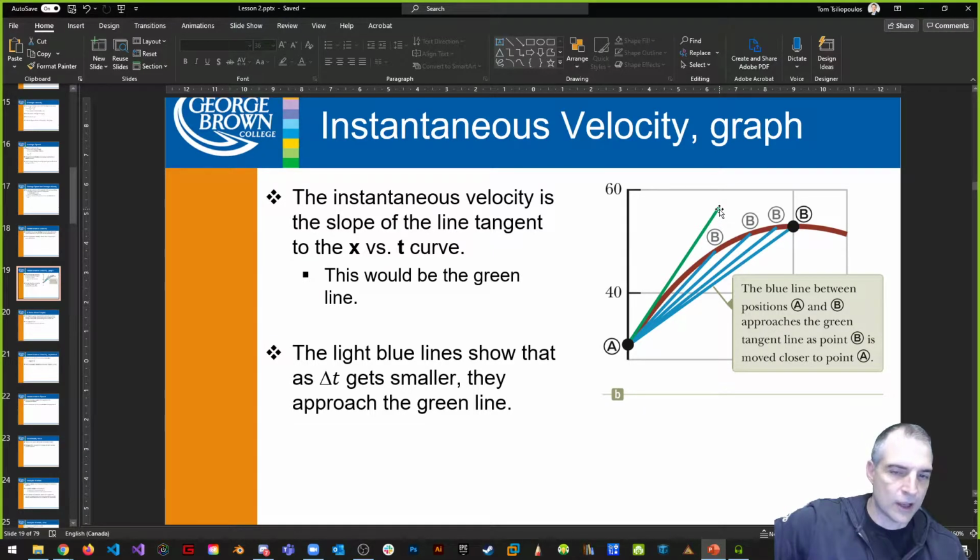The instantaneous velocity, remember, velocity is a vector, so you have both direction and magnitude. If I have a direction and magnitude, I have an angle that's outside of the horizontal. So the horizontal we think about as the x-axis in this case. The x-axis is the horizontal, right? The vertical is the y-axis.